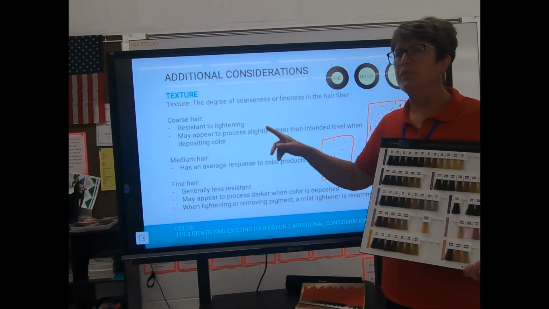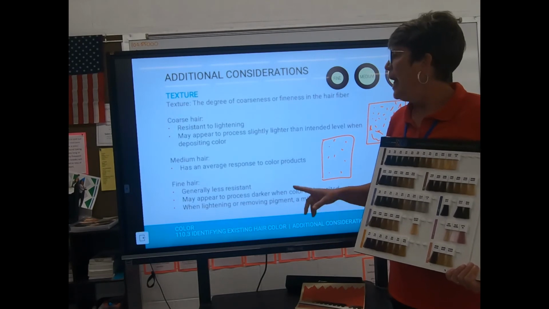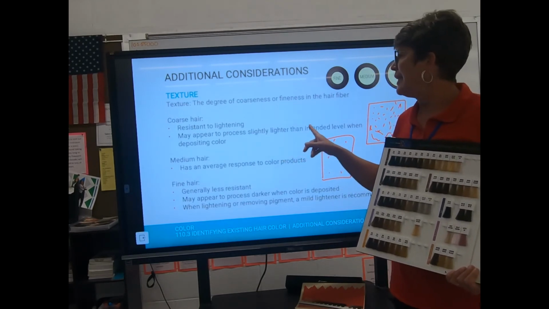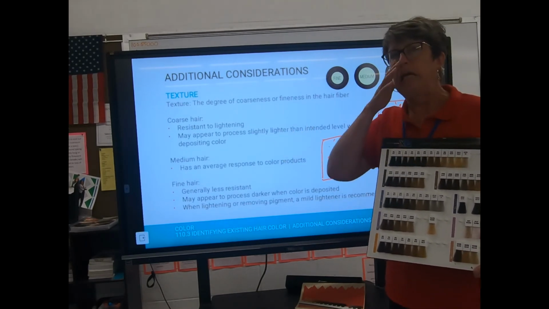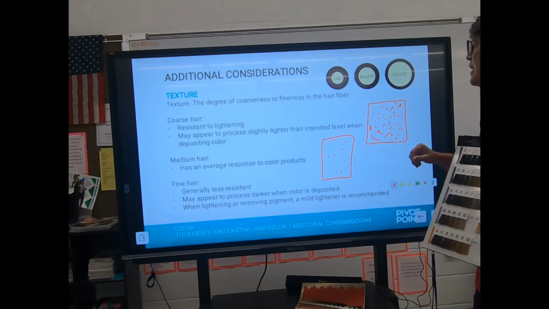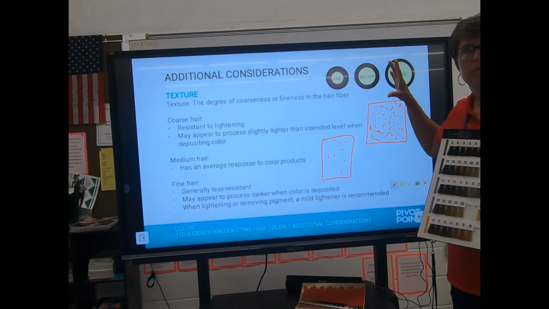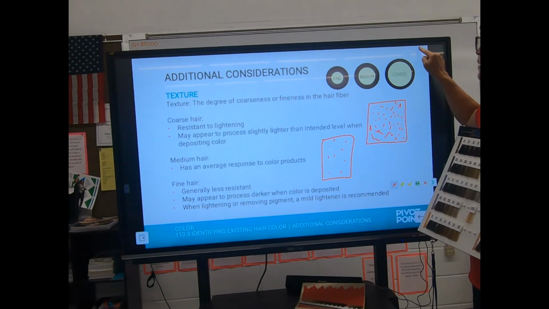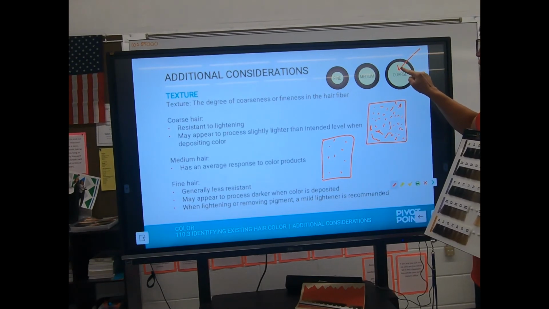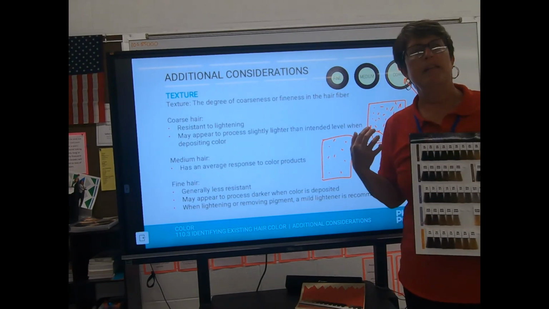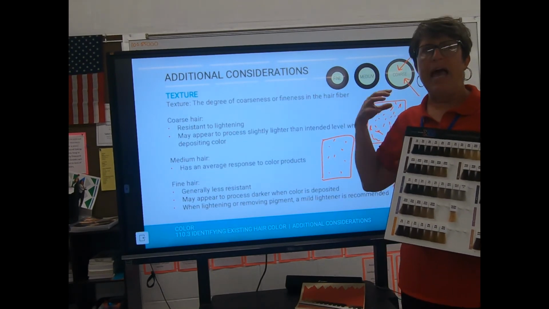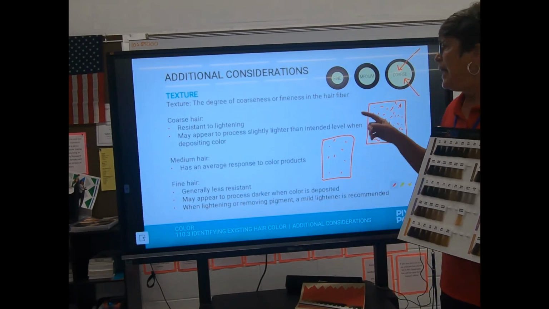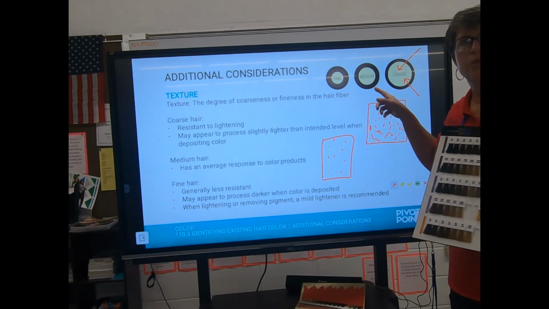Coarse hair is resistant to lightening and may appear to process slightly lighter when depositing color. Think about this. It's bigger, okay? So everything you want to do has to travel in further. So whether you're trying to remove pigment and lighten the hair, or you're trying to add color to the hair, it has to travel further to do its job.